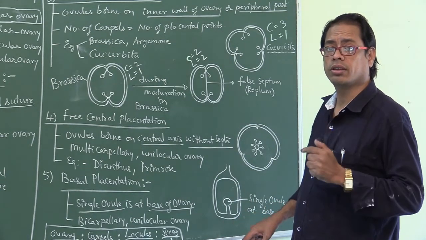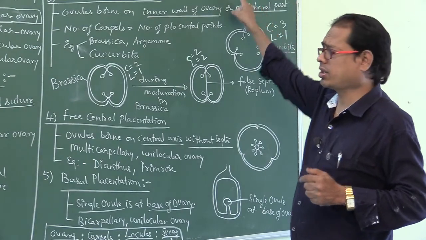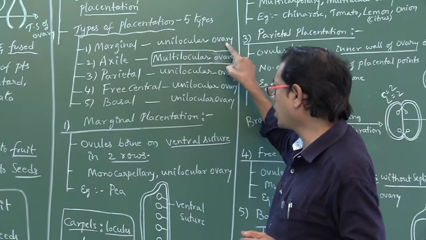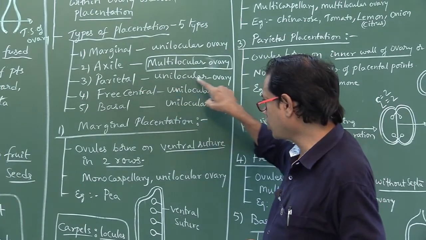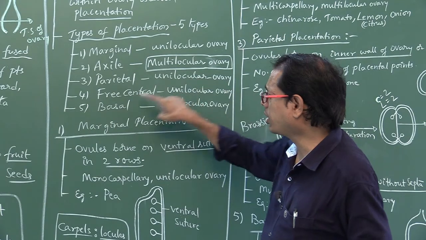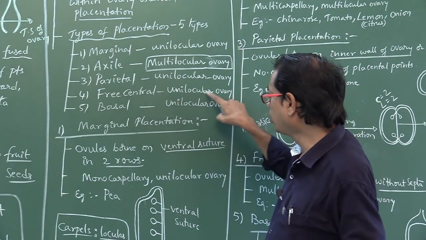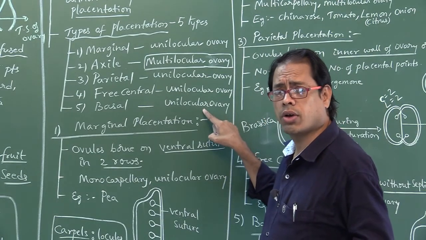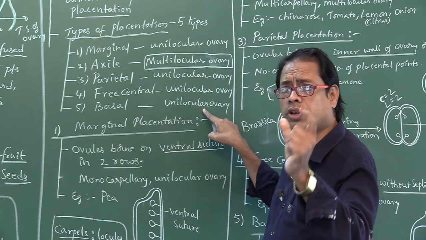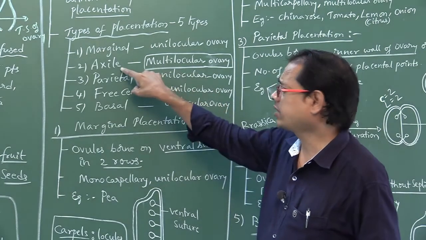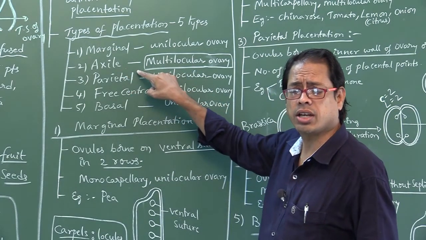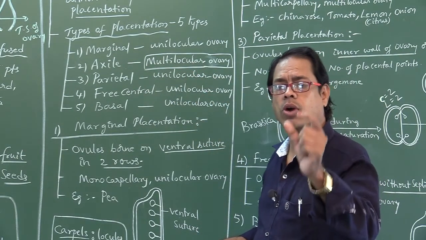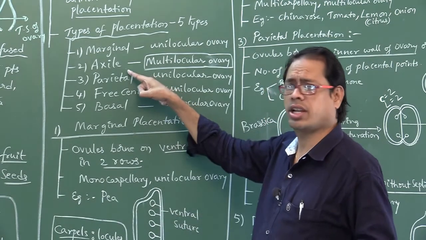Multilocular ovary is found in axial placentation. So unilocular ovary is found in all except axial placentation. In axial placentation, the ovary is multilocular.